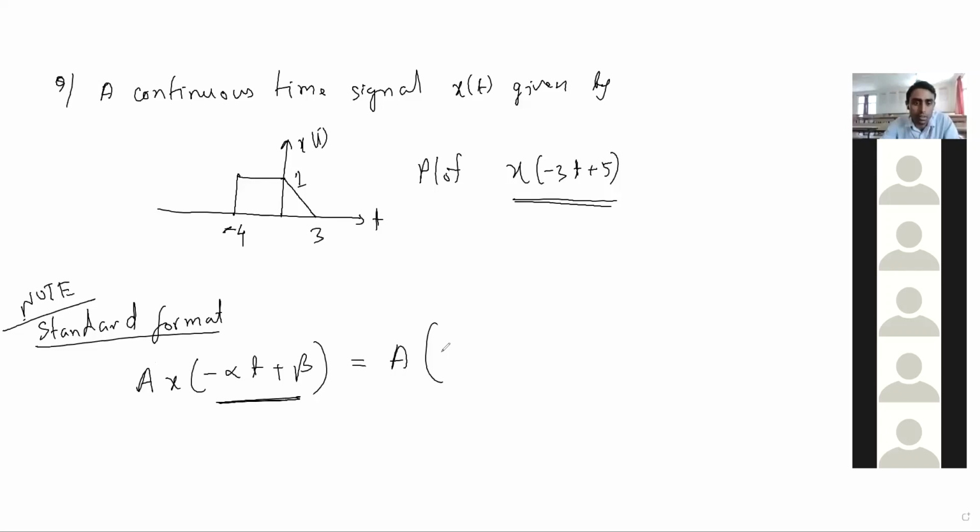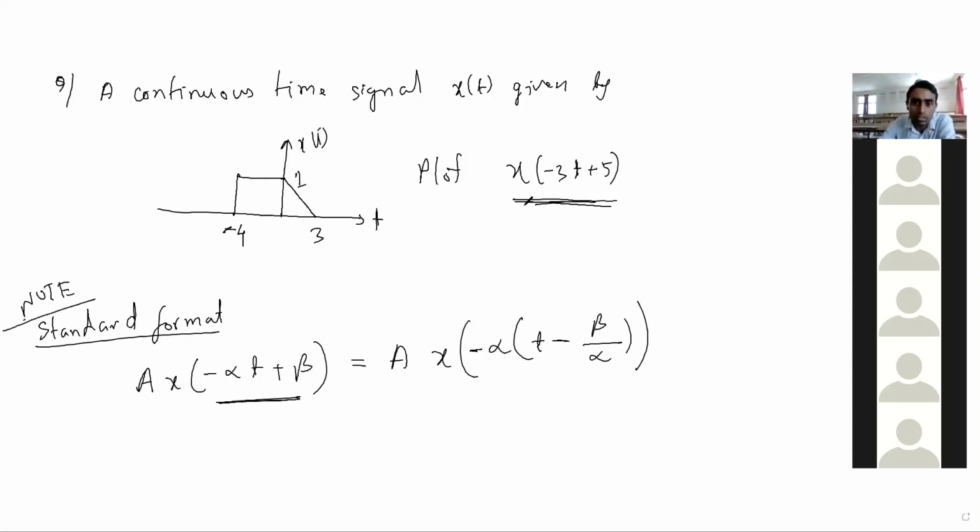You should first take the minus common, or minus alpha, and the signal will be t minus beta by alpha. This is the standard format you should know to solve a difficult question like x of minus 3t plus 5.